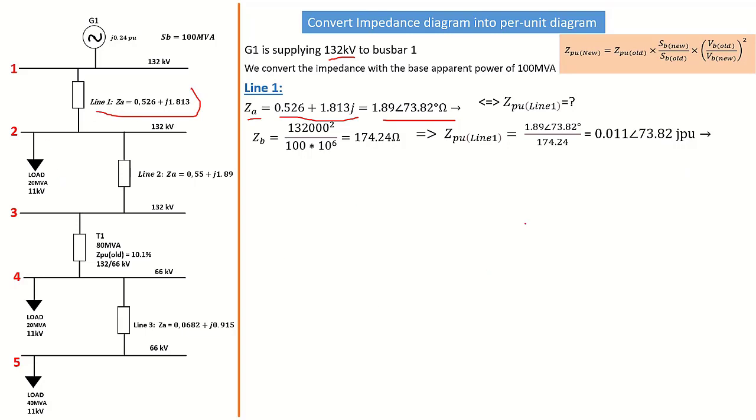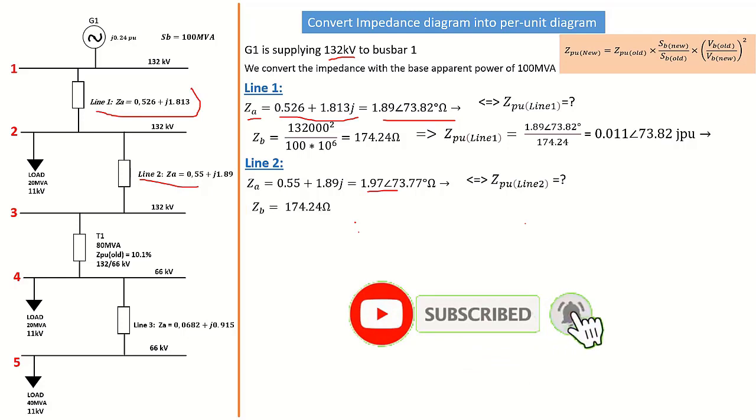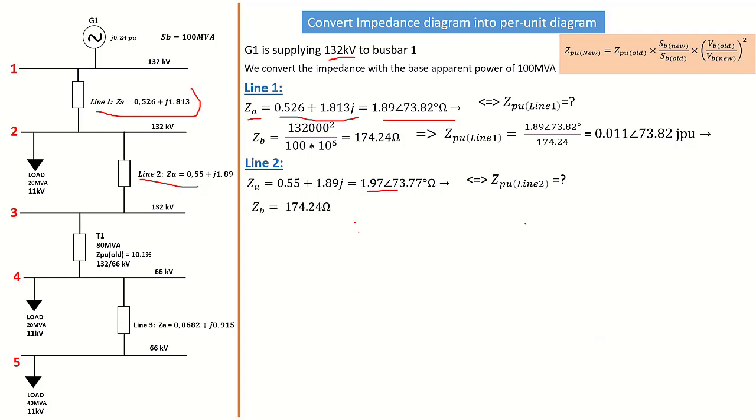Now we're moving on to line 2. We're going to follow the same procedure. We have ZA, which is the actual impedance of line 2 right there. Then we convert it into polar form as we've done with line 1. Then we use our formula for ZB. ZB remains the same because the main parameter for calculating ZB is the voltage for the zone.